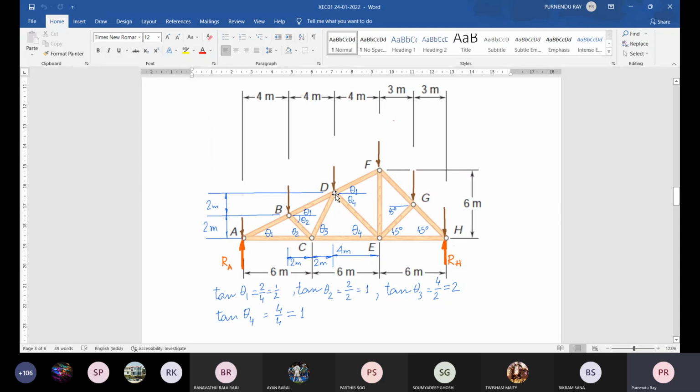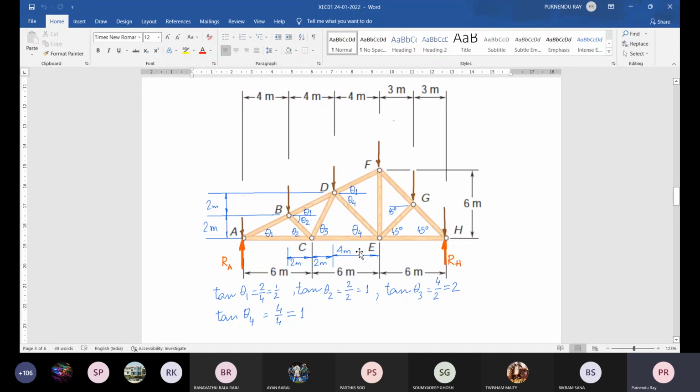Okay. Now there is a simpler method. Very interesting. Instead of considering each joint for its equilibrium, we consider a part of the structure in its equilibrium, as if we cut it by some imaginary cutting plane.